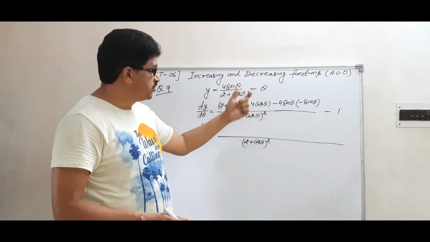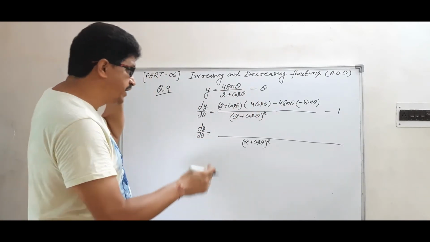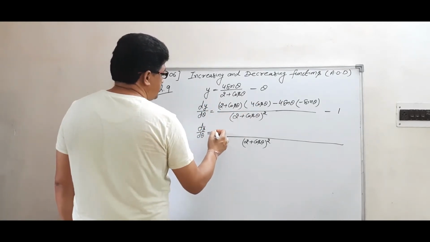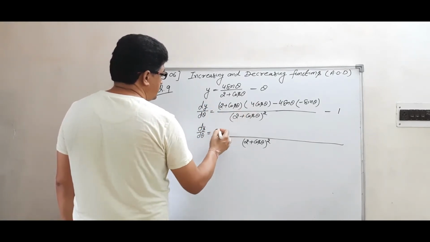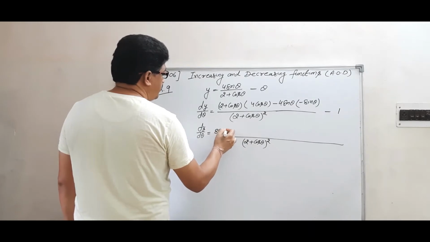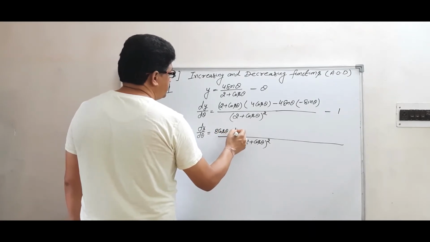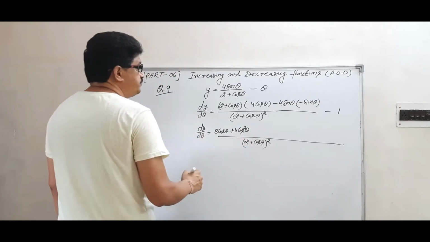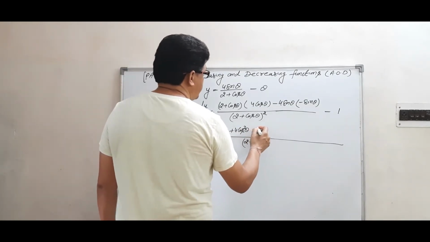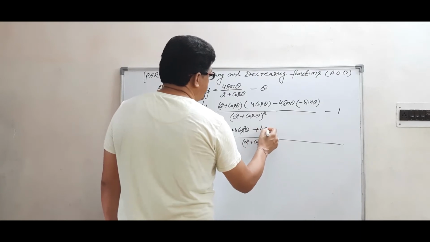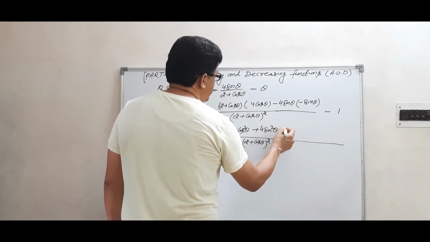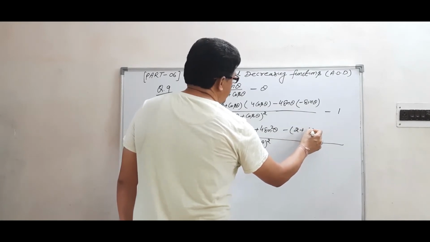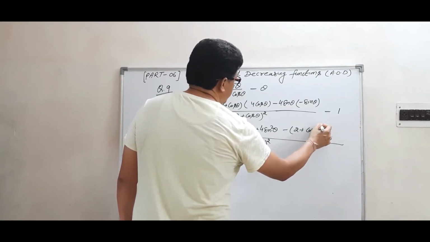After applying the quotient rule, now simplify this and take the LCM also. 2 plus means 8 cos theta plus 4 cos square theta, plus 4 sin square theta, minus 2 plus cos theta whole square.